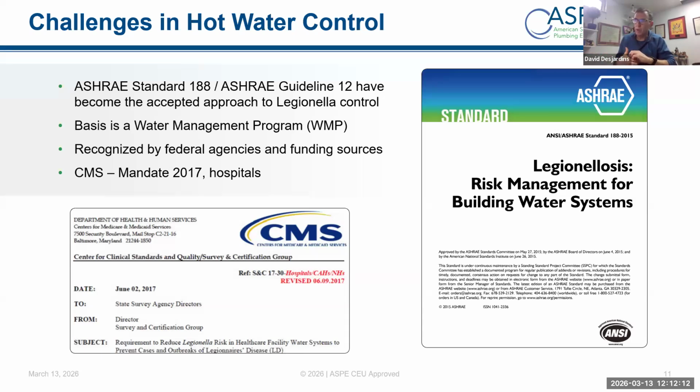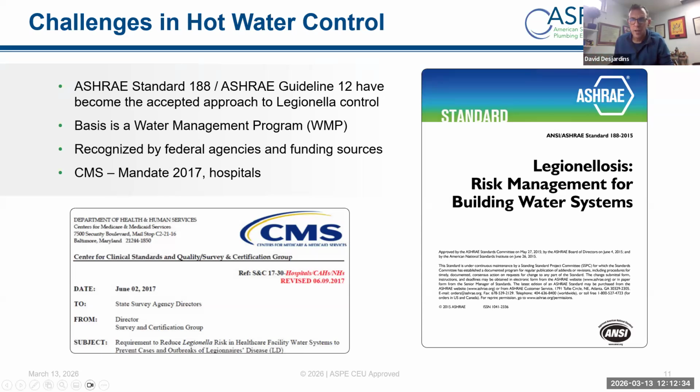Where this became quite popular is CMS, the Centers for Medicare and Medicaid, said, hey, any healthcare facility using Medicare Medicaid has to have a risk management plan in place. So that was one of those documents that came out and was very useful. For what it's worth, if you haven't read it, the CDC has a toolkit. I call it a Cliff Notes version. It's a great document.